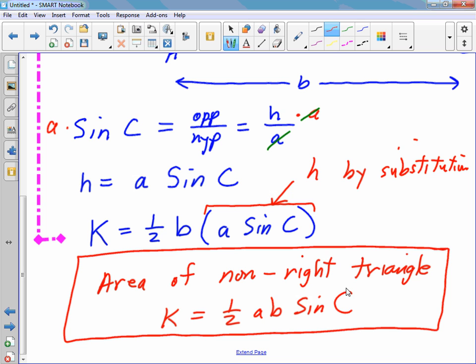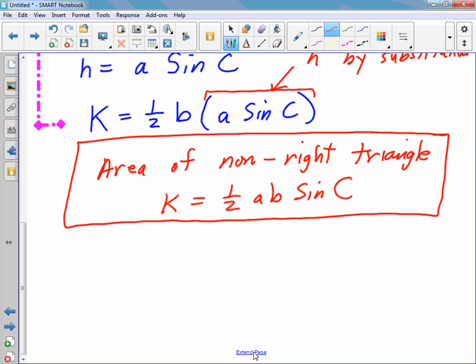Area of a non-right triangle, we're calling it K, equals 1/2 AB sine C. And again, just like with the law of cosines, Yahira, we can do this. These don't have to be A's and B's. You can do it for any triangle, but you have to have two sides and the included angle.